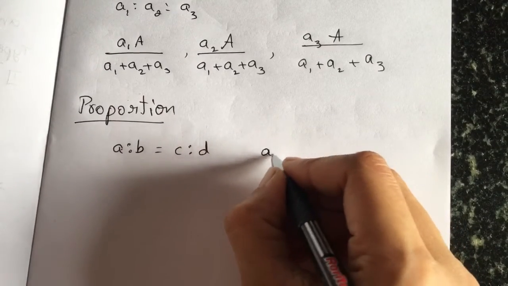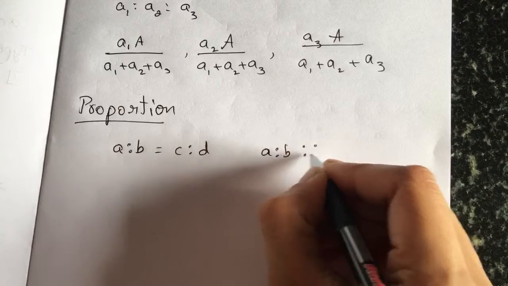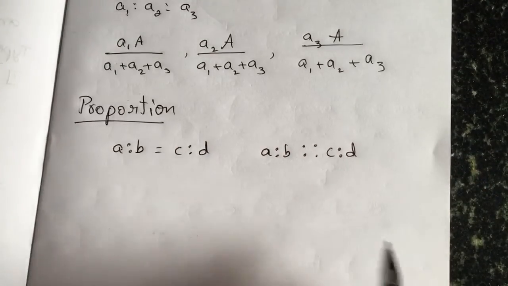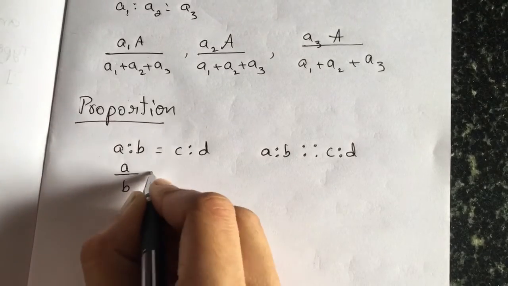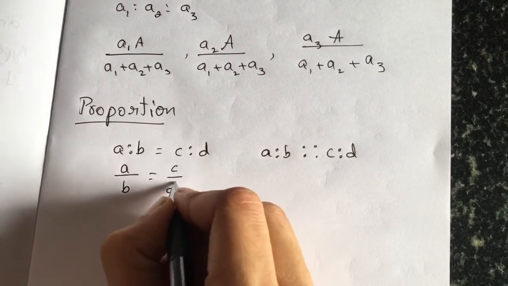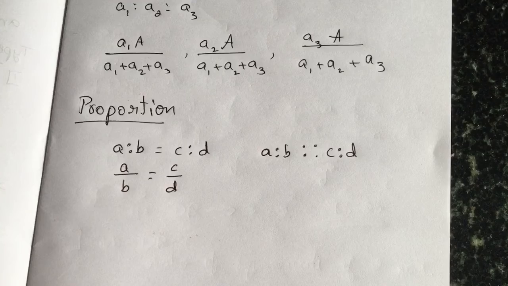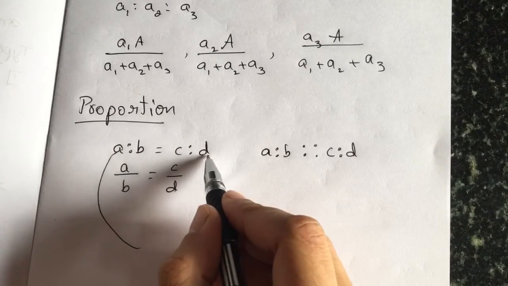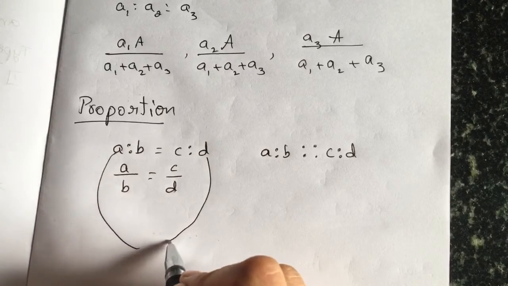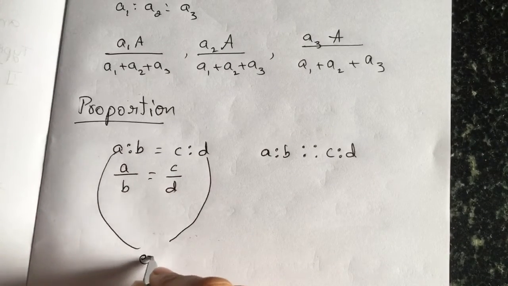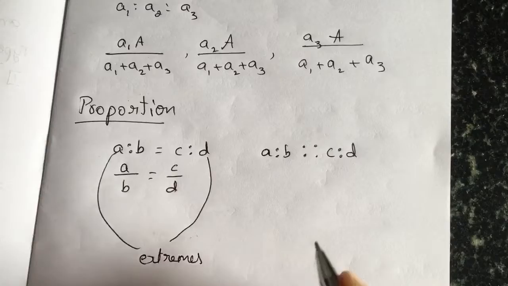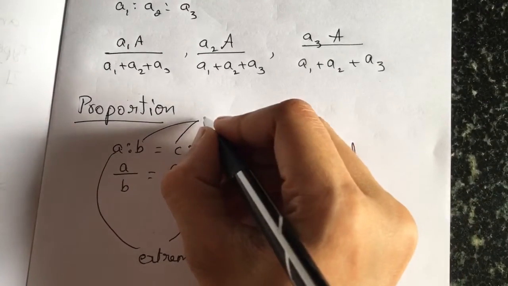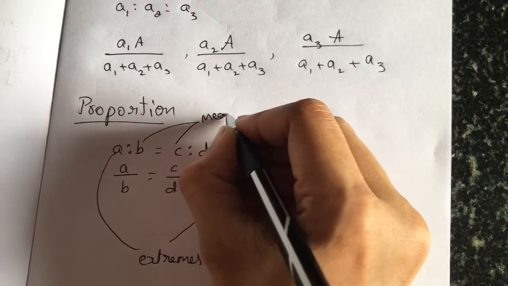It's even denoted like this: A is to B double colon C is to D. You can even write it like this: A by B is the same as C by D. Here the first term and the fourth term are called extremes, and the second and third terms are called middle terms or means.